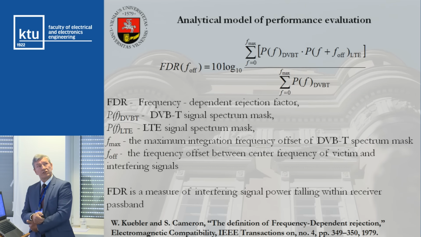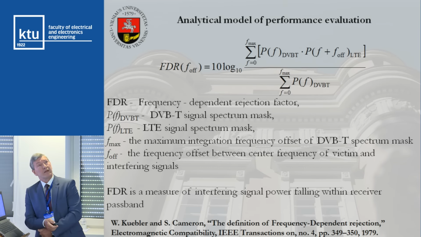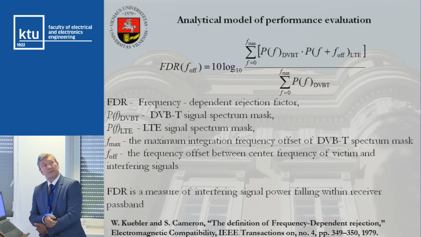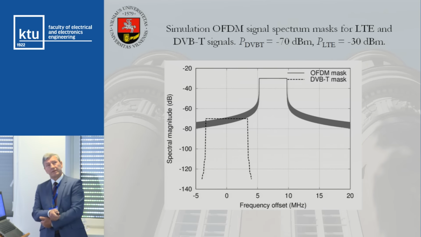FDR is a function of the frequency offset between the center frequencies of the victim and interfering signals. For FDR, spectrum masks for DVB-T and LTE are used. These are shown over here.